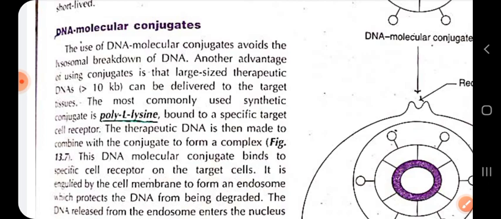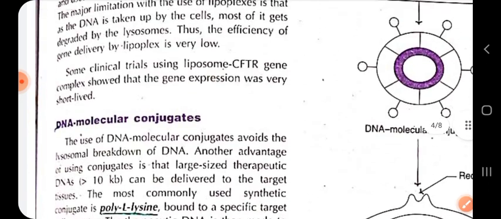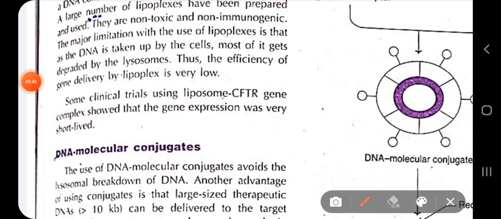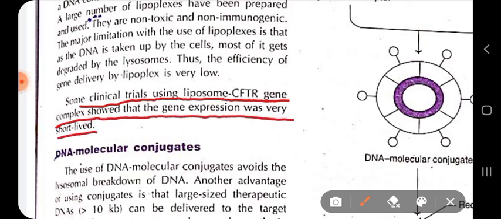This is another approach. But by the way, I have not said here that some clinical trials with liposome CFTR gene complex show that gene expression was short-lived. Now there is a drawback. We have used artificially created lipid vesicles by using reagents like DOTMA, then DOTAP, then DOGS, and we entrap the therapeutic DNA with the lipids, and we administer these liposomes to the target cells.